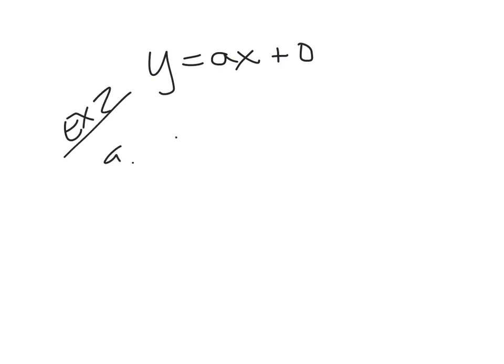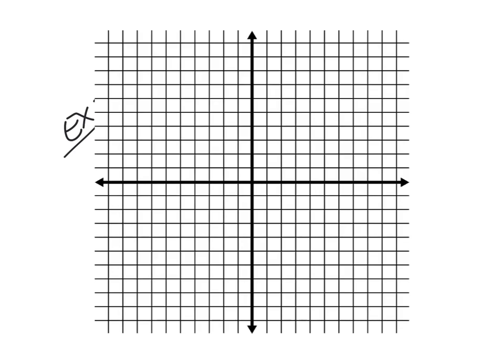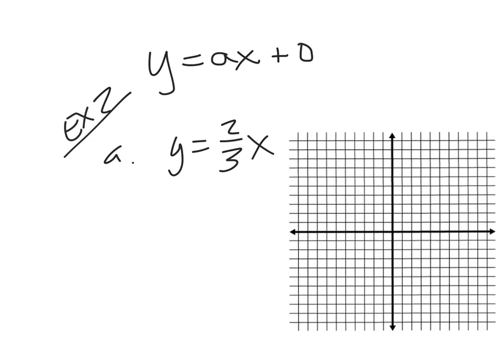So this is example 2. If I have y equals 2/3 x, first of all, is that direct variation? Yeah. Let's graph it. Okay, my y-intercept is at 0, always, because there's no plus b on the end, it's just plus 0. What's my slope? 2 over 3. Yep, up 2/3.